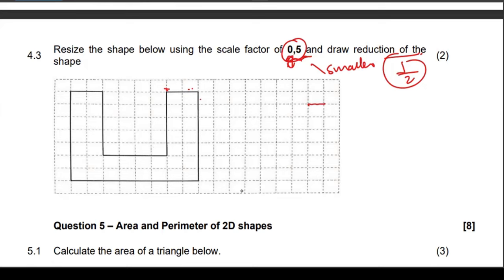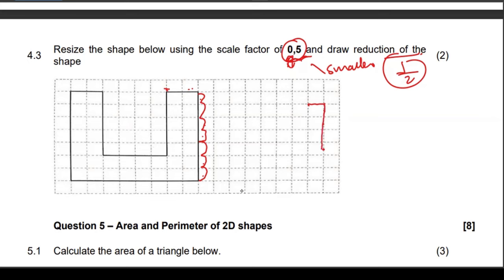Okay, 1, 2, 3, 4, 5, 6, 7. We have 7 blocks now. Does it make sense? So 1, 2, 3, 4, 5, 6, 7. 7 divided by 2, going to get 3.5. Okay, so 1, 2, 3.5, somewhere there.